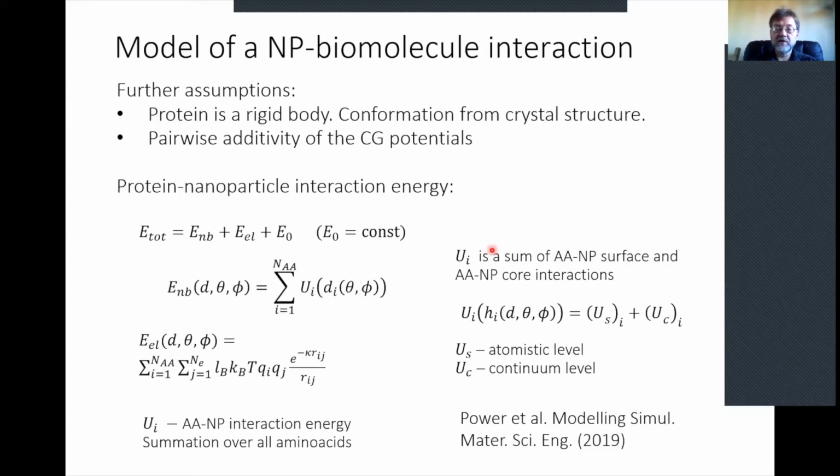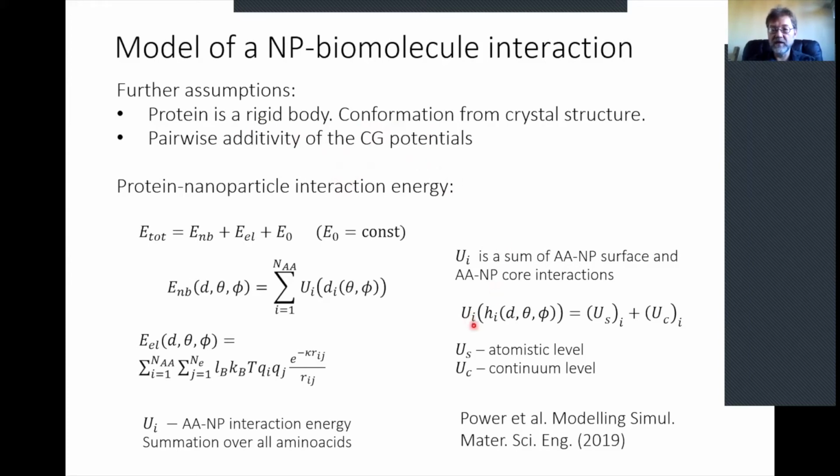Further assumptions are, we assume that the protein is a rigid body. We neglect its conformational changes. We can discuss it later, but it's a necessary approximation at this stage. Then we take the conformation from optimal folding, ideally from crystal structure, but where it's not possible, from some generated structure. Then we assume pairwise additivity of all the potentials.